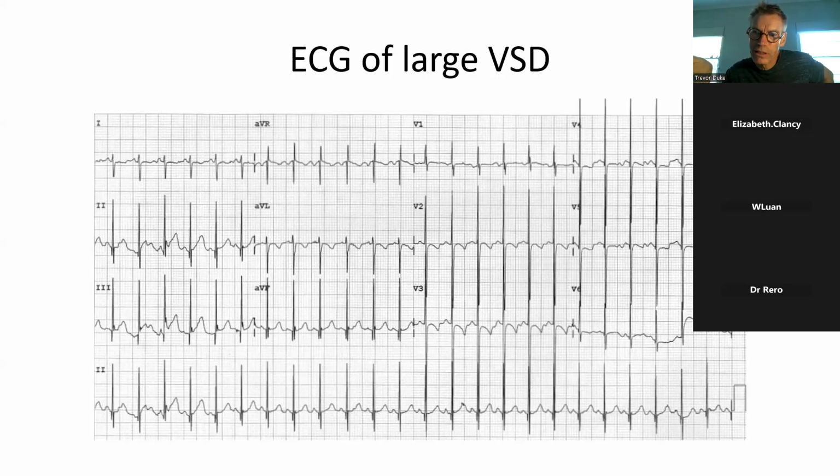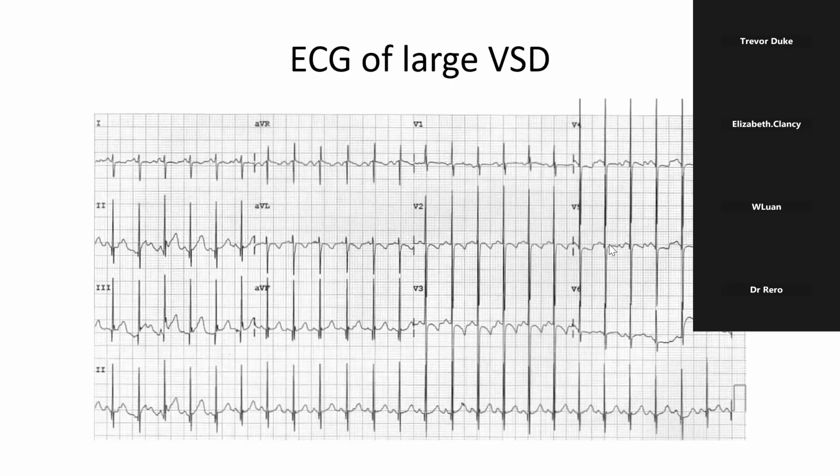So you add up the R wave in V1 and the S wave in V2. You add up the R wave in V5 and the S wave in V2. And if that's more than 35, which in this case it is, it's quite very large.